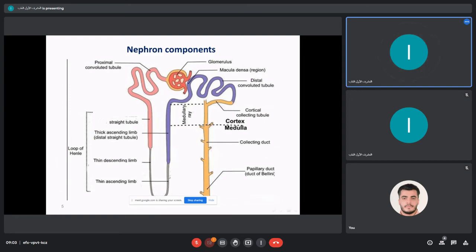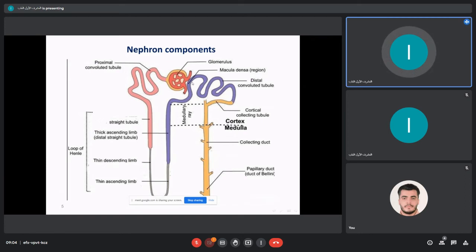After the thin ascending limb of the loop of Henle, it becomes a thick ascending limb, which is again lined by simple cuboidal epithelium with many mitochondria and an active role in transport. It will extend upward, entering into the cortex, up to this part of the distal convoluted tubule, just next to the glomerulus, just next to the afferent and efferent arterioles.